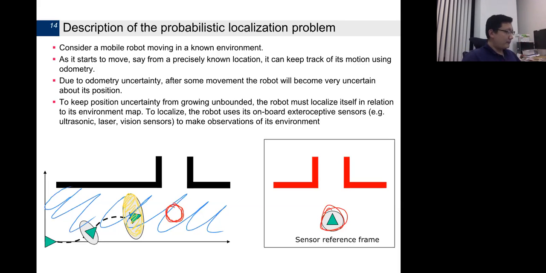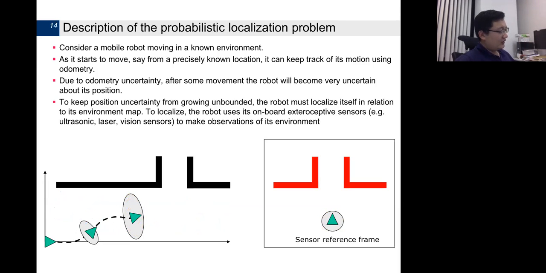Okay, what will happen if you have a product of these two Gaussians? The result will be a Gaussian distribution multiplied with a Gaussian distribution. You get again a Gaussian distribution.